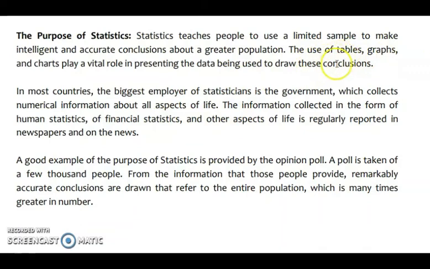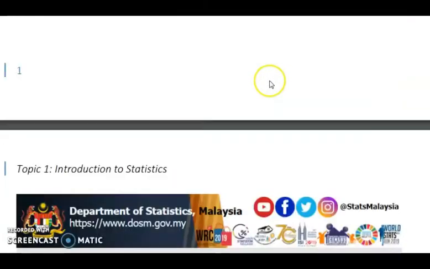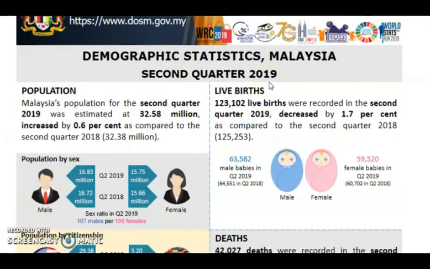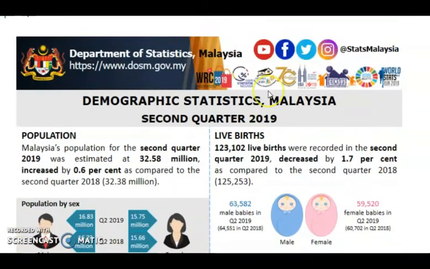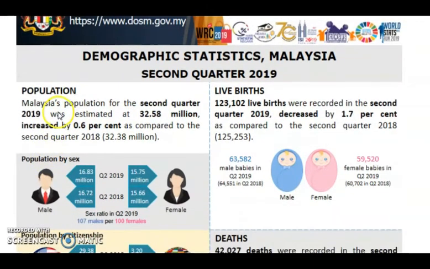We can present our data in the form of tables, graphs, and charts, to make it easier for you to draw conclusions. These are examples of the statistics from the Department of Statistics Malaysia. We have the population of Malaysia in the second quarter of 2019.